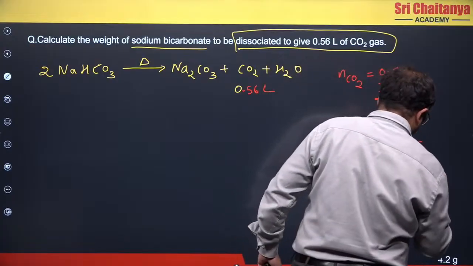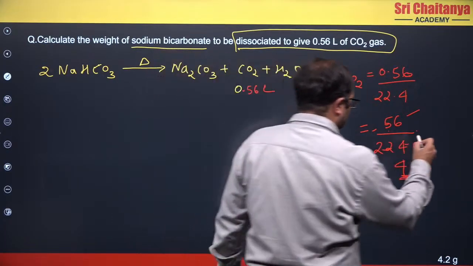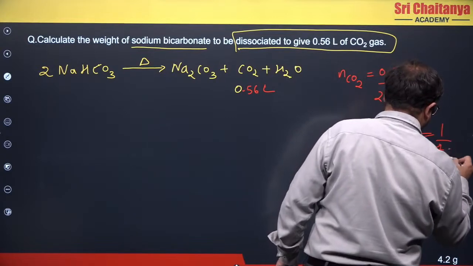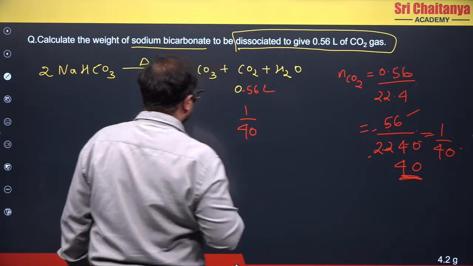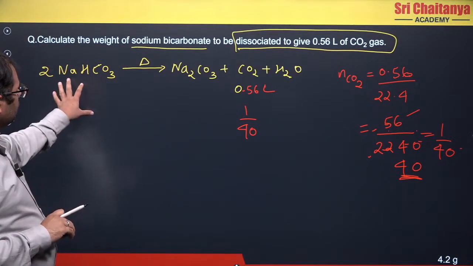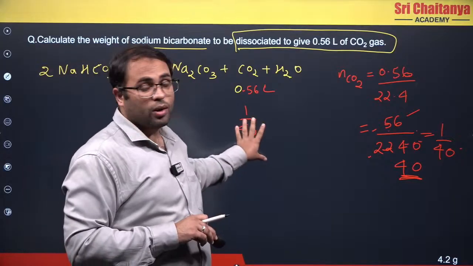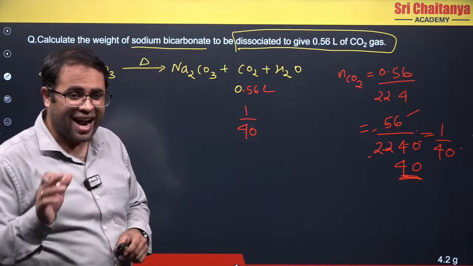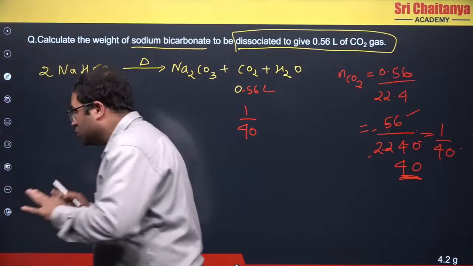So this will be 40. So you are having 1 by 40 moles of carbon dioxide, right? If you have 1 by 40 moles of carbon dioxide, then how many moles of sodium bicarbonate will be required to produce 1 by 40 moles of carbon dioxide? That is the question that you need to answer. So how do we do that?